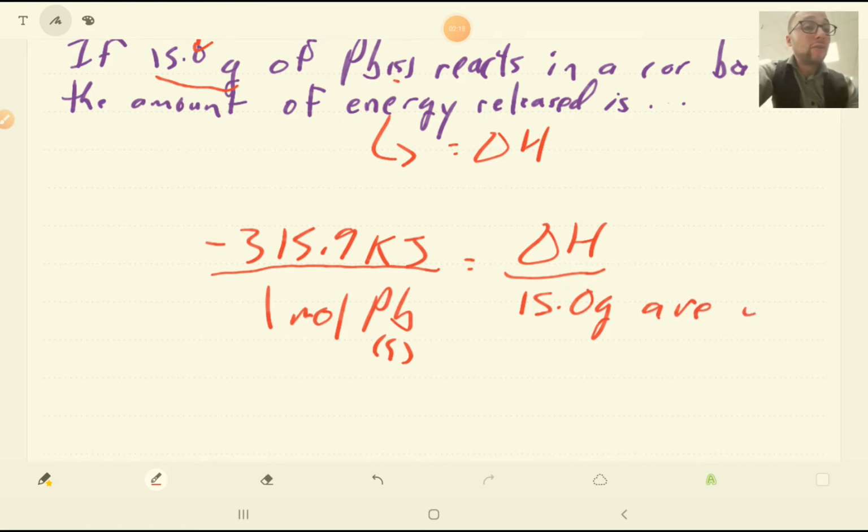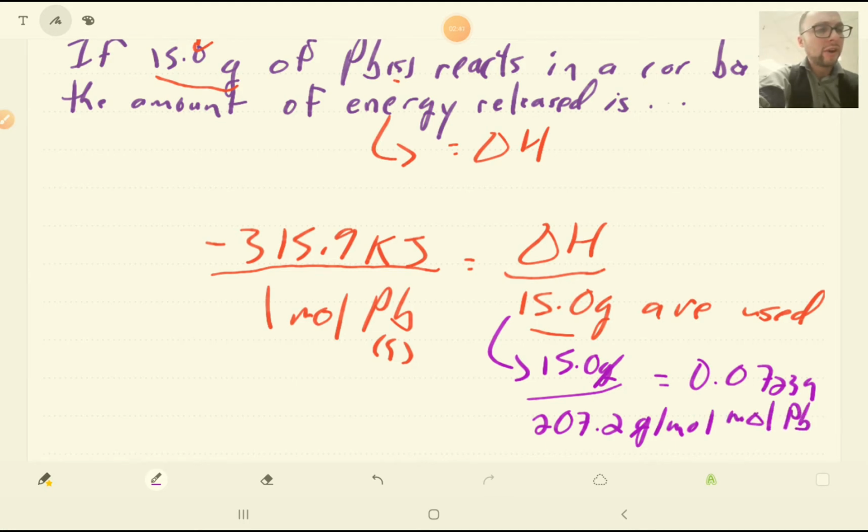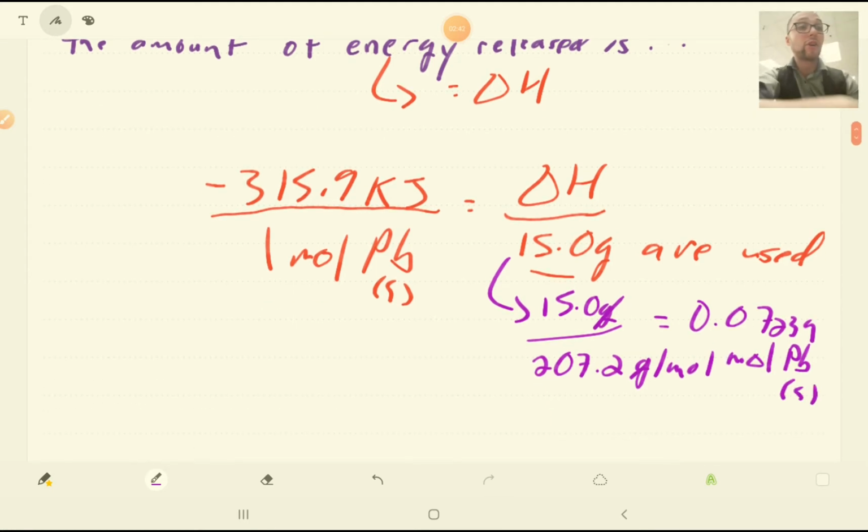Now, if we're going to use this as a formula and relate them to each other, we have to convert this to moles. So to do that, we go 15 grams divided by the molar mass of lead, which is 207.2 grams per mole. And we end up getting 0.07239 moles of Pb. So now, with the same proportion equation, we're going to rewrite this with the molar values.